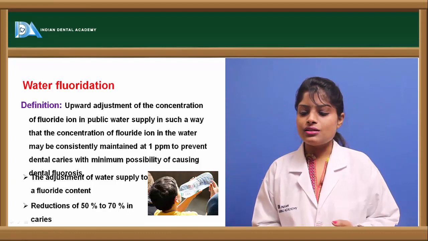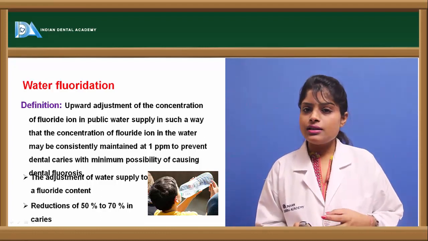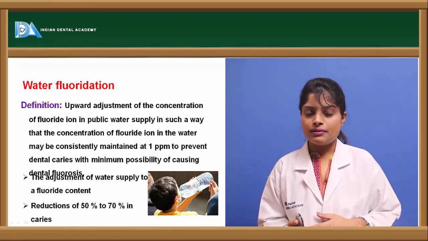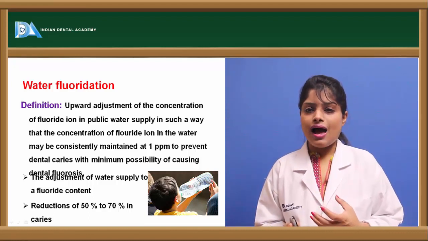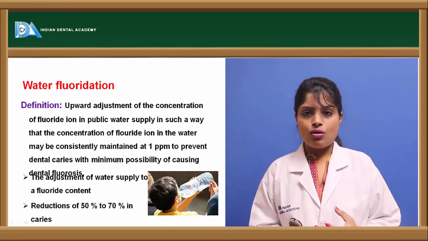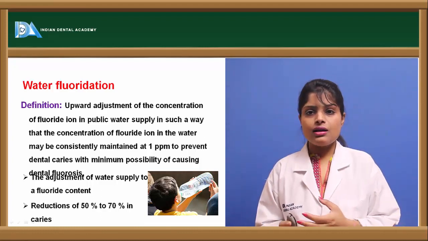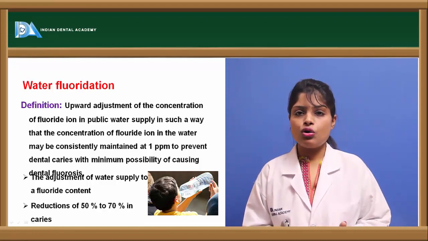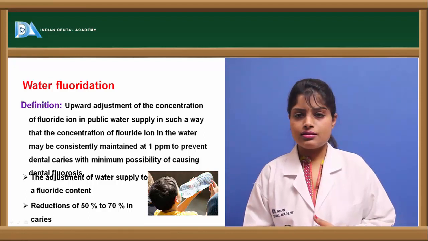Mackay was a scientist who first noticed brownish colored stains in people in a particular area, and he named those stains mottled enamel or Colorado stains, since he discovered these stains in people residing in the area named Colorado. So he named the stain as Colorado stains.